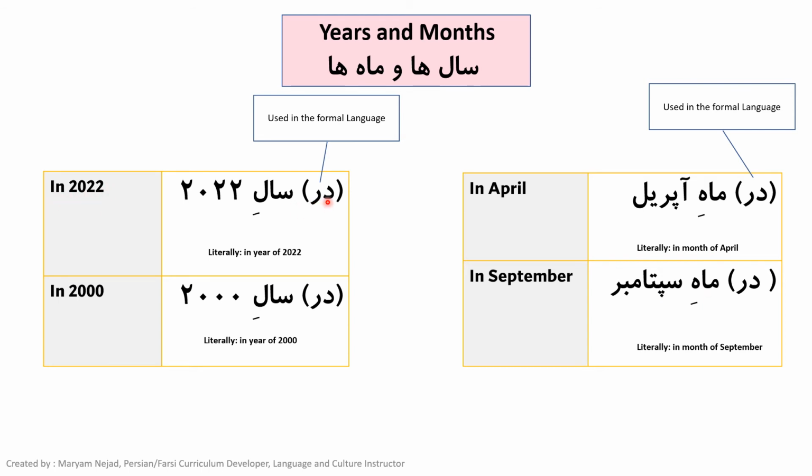It's the same preposition, dar, but again used in formal language, and then sal. در سال 2022. And then we need the ezafe. So literally saying in year of 2022. Or we want to say in 2000, same thing. در سال 2000, in year of 2000.